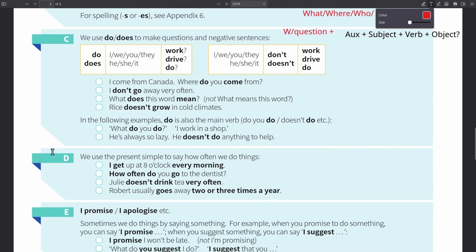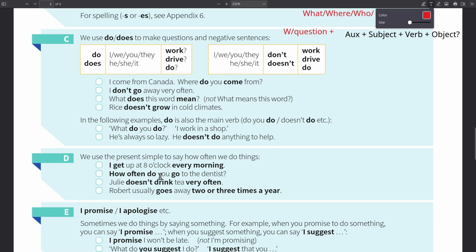Let's move on to section D. We use the present simple to say how often we do things. For example, I get up at 8 o'clock every morning. That's something that I do often. It's something that I often do.